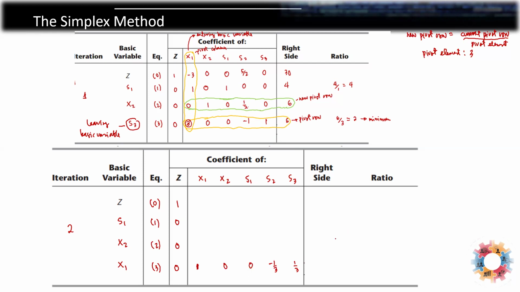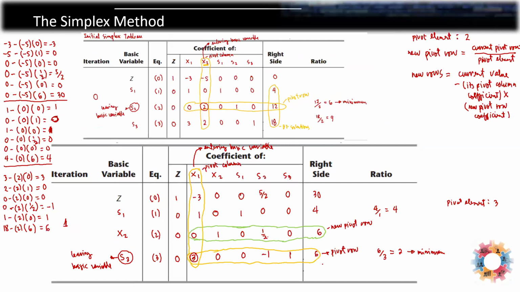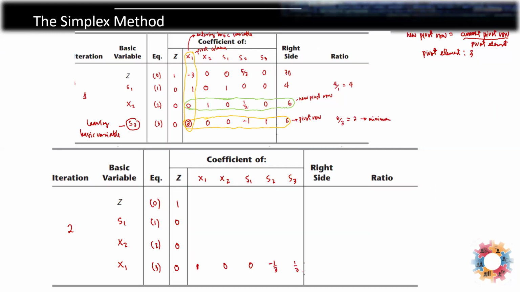And then 2 divided by 3 is, you don't need to divide that by the pivot element. And hopefully this will be our final tableau. So you have 1, 0, 0, negative 1/3, and 1/3.